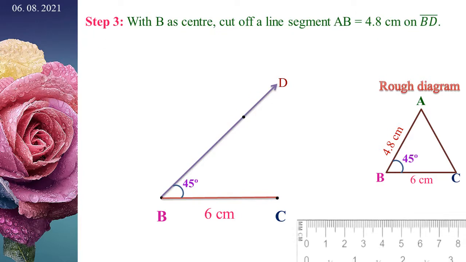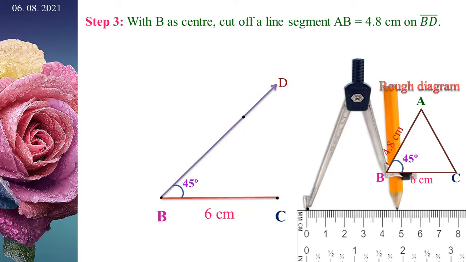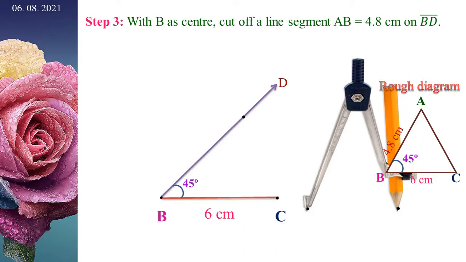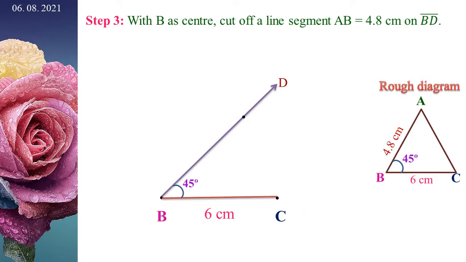Step 3. With B as center, cut off a line segment AB equal to 4.8 cm on line segment BD.